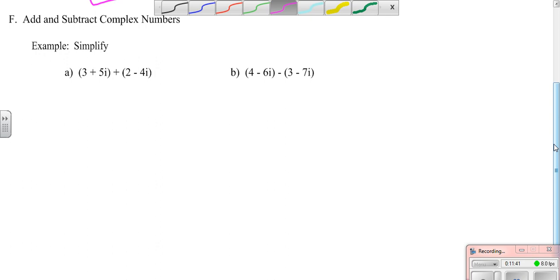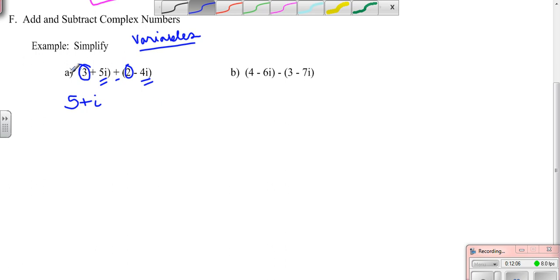Now, operations with imaginary numbers, again, are just like variables. So if you can add the numbers, you can add imaginary numbers. So here, your real part and your real part are going to be added. This is not a distributive property. Your imaginary part and your imaginary part are going to be added.